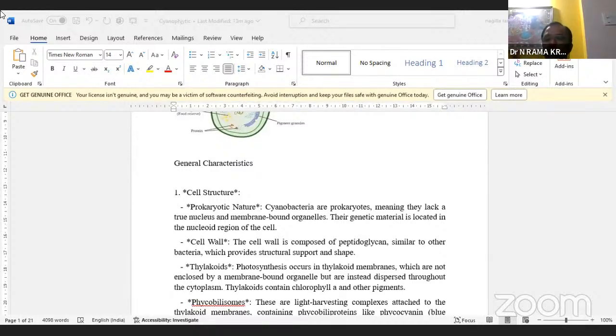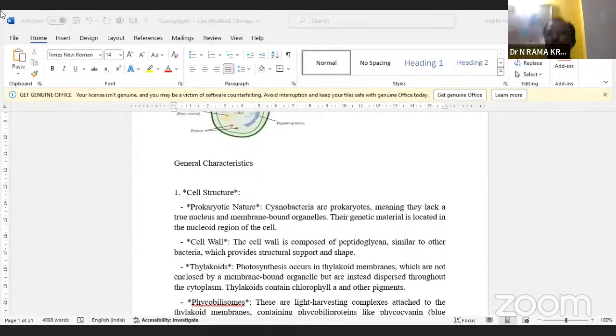Next point. What type of vegetative structure is there? It is unicellular. Unicellular, as you already know, means forms with only one cell.